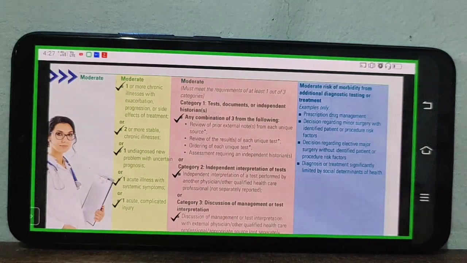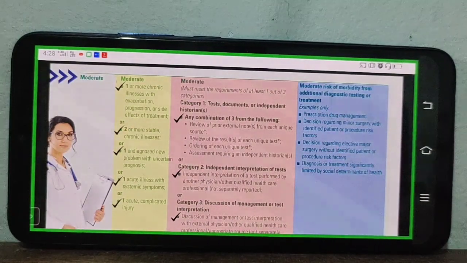Ma'am, and category 2, I have one. Yes. In moderate, category 1 or category 2 or category 3, we have to satisfy only any one category. As I told you already, there are 3 categories. In those 3 categories, any one category must be satisfied.